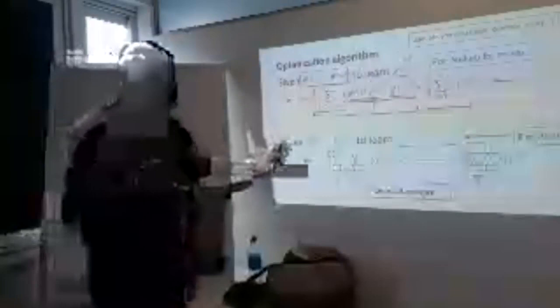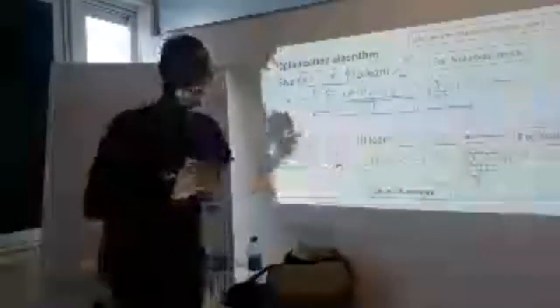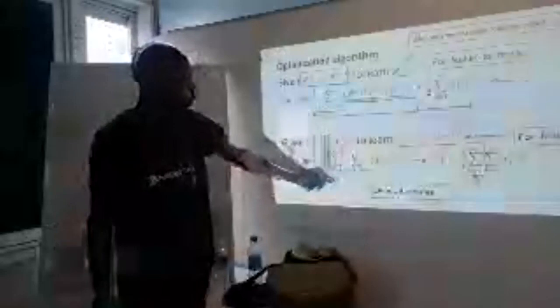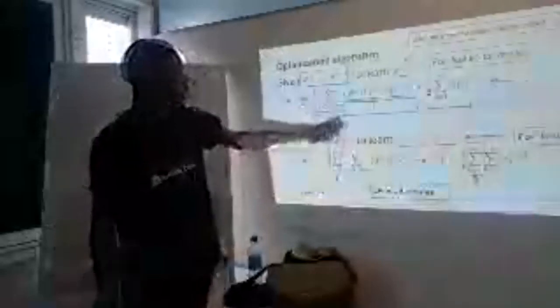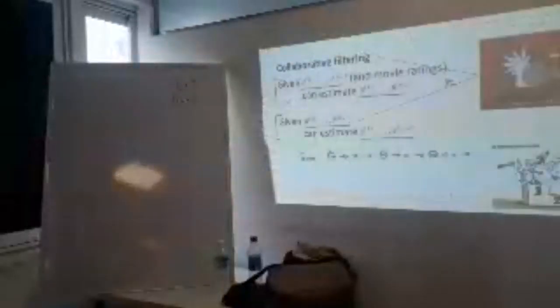Let me explain what to watch in the video. I don't want to bore you guys with the math part. This particular notation is summing over the movies, and the other part is over the users. When you watch the math part, you understand.